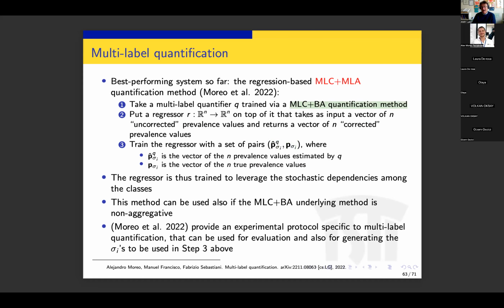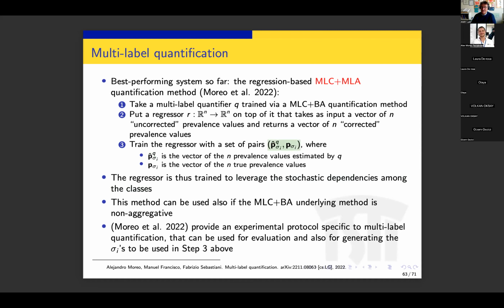So why does this system leverage the stochastic correlations between the classes? It does so because the input to the regressor will be a set of prevalence values for all of the classes. Essentially, this regressor works holistically.